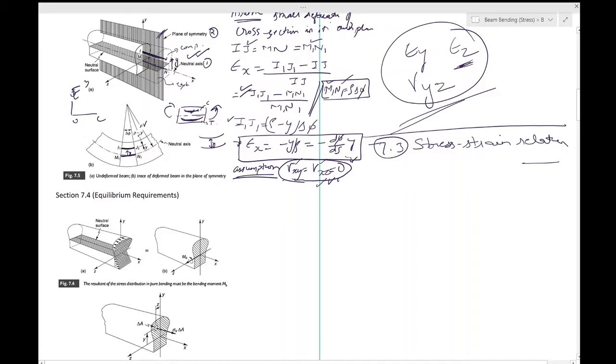So the arguments which have led to 7.4 and 7.5 are independent of the beam material. As I had always said, the theory of strain is independent of the theory of stress. It is the actual stress and actual strain at a point which can be related if you know what kind of a material that is.